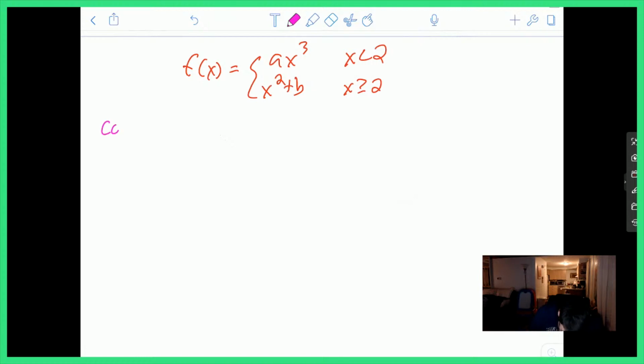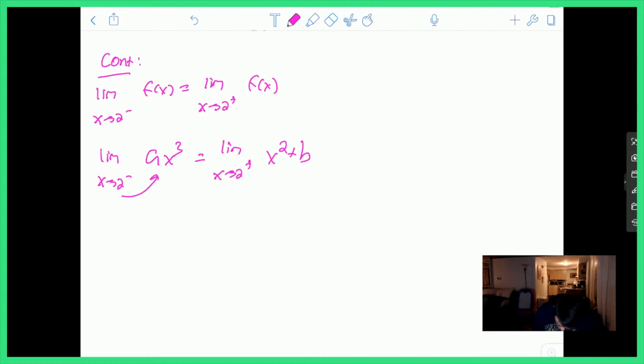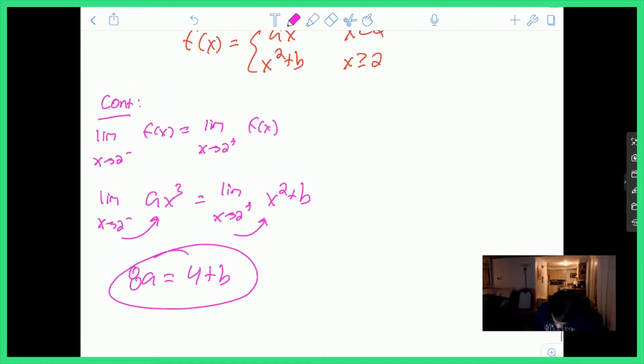So for continuity, the limit as x approaches 2 from the left of f of x needs to equal the limit as x approaches 2 from the right of f of x. And so if I plug in my pieces now, this is the limit as x approaches 2 from the left of ax cubed, and the limit as x approaches 2 from the right of x squared plus b. So now I can just plug a 2 in, so this is 8a equals 4 plus b. So this statement must be true.